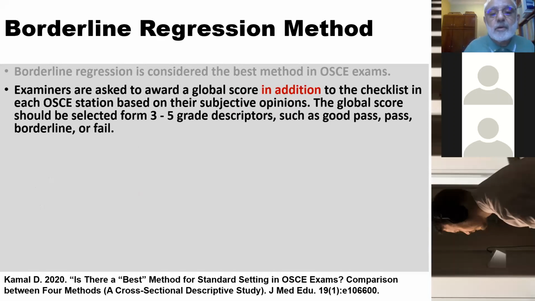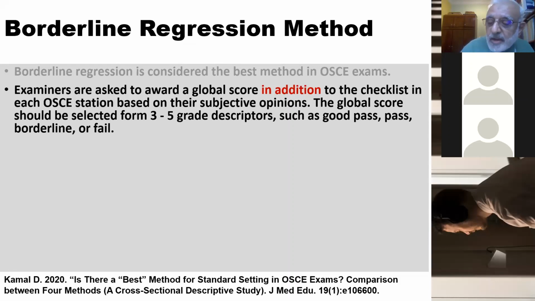Examiners are asked to award a global score in addition to the checklist. So apart from using the checklist and giving marks there, the examiner is asked to give an opinion, maybe one of 4 or 5 options: the student is a fail, a borderline, a pass, a good pass. So irrespective of the marks given, the examiner gives the opinion.